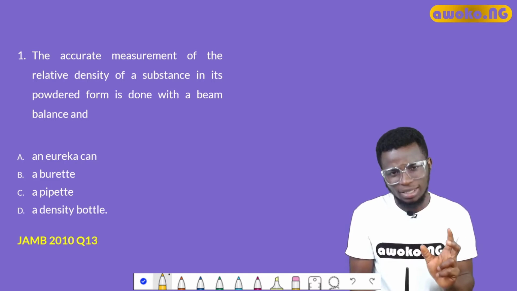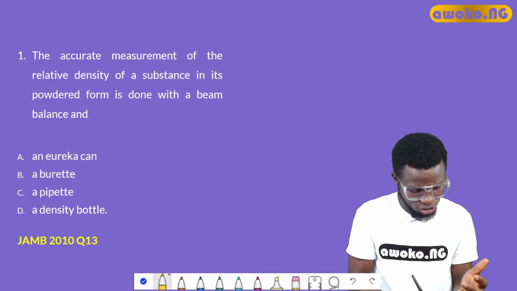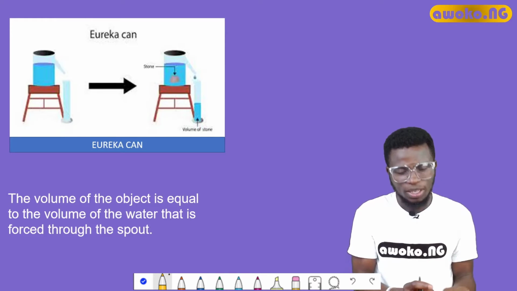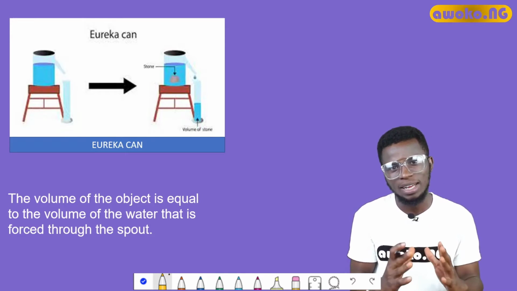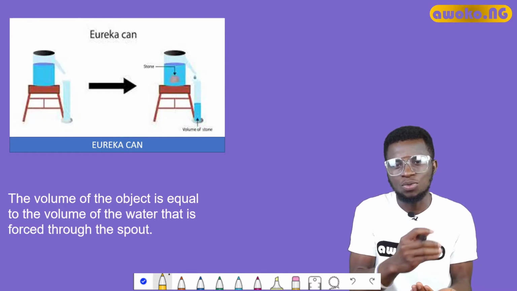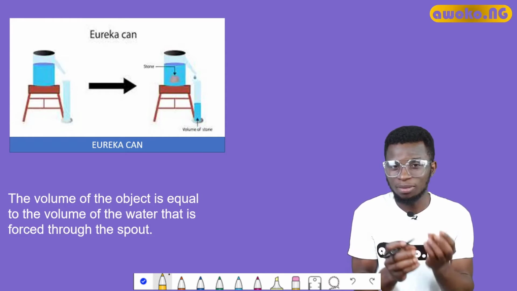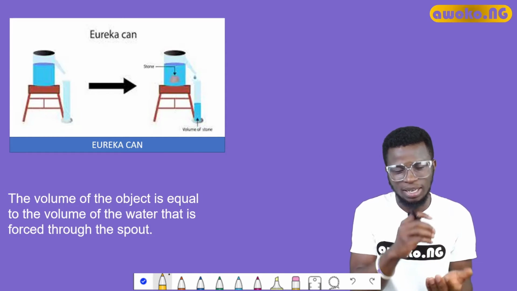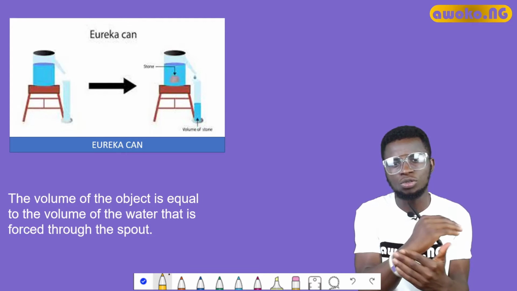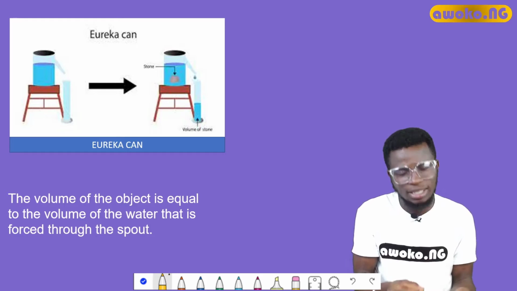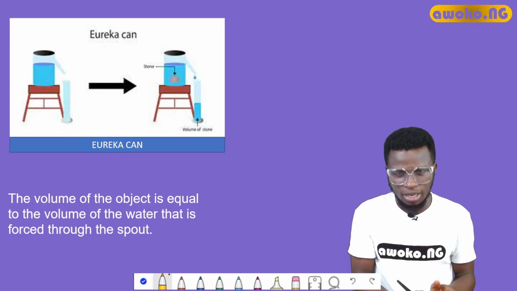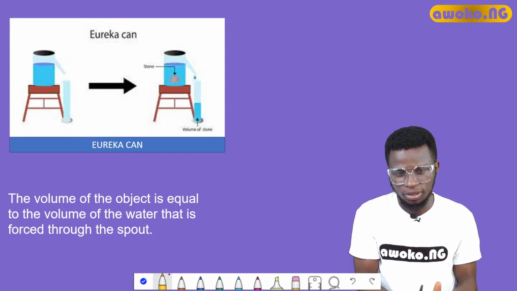So the next thing to note is what an Eureka can is. Like we have here, an Eureka can is a particular can that is large enough to measure the volume of any substance, in most cases solids, that is dipped inside. The can is filled to the brim with water, and the substance to be measured is dipped inside, just like we have in the second image over here.